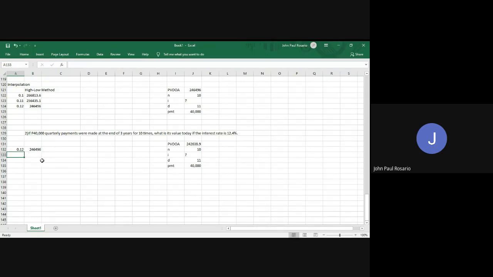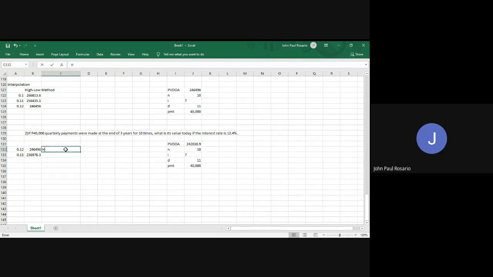Now, we still have to go higher. So let's try 0.13. Okay, so this is lower than our target amount. So meaning our target interest rate is in between 12% and 13%.